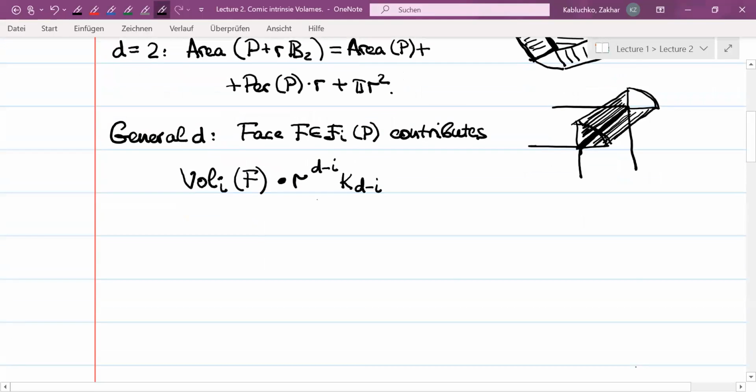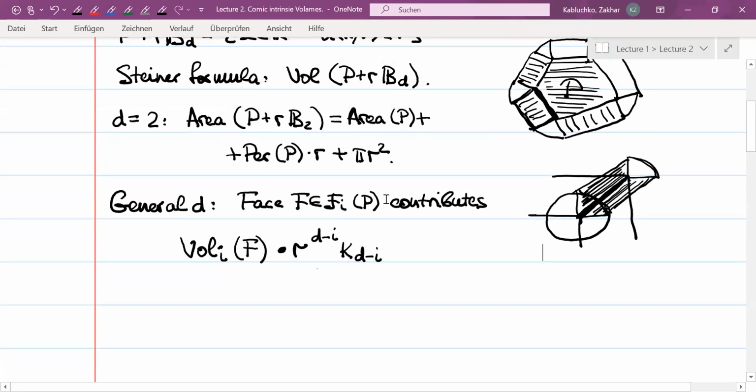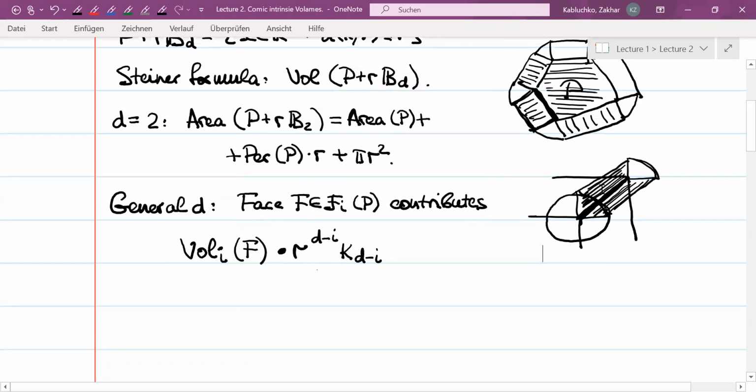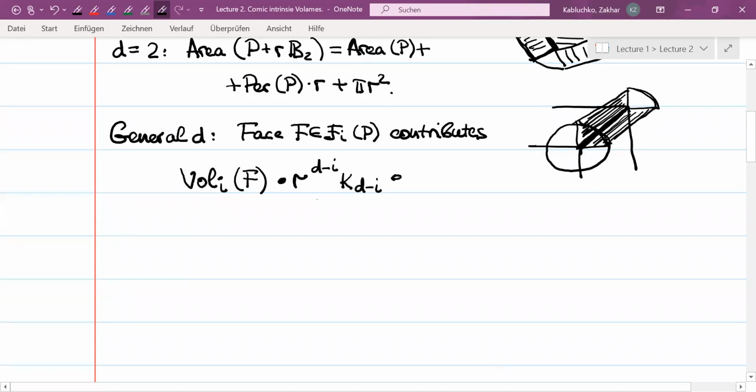So if we would have here the full ball, then that term would be its volume. But we don't have the full ball. If we would have such a cylinder, then this would be the volume of the cylinder, namely this h multiplied directly by this ball. But we don't have the full ball, we have just some piece of it. And therefore, we have to multiply it by gamma(F,P), which is the external angle of F in the polytope P. I will define it right now.